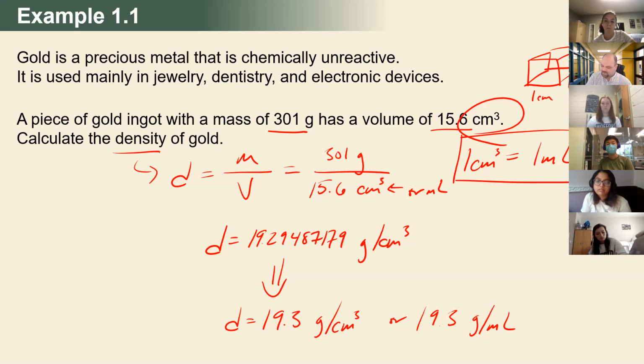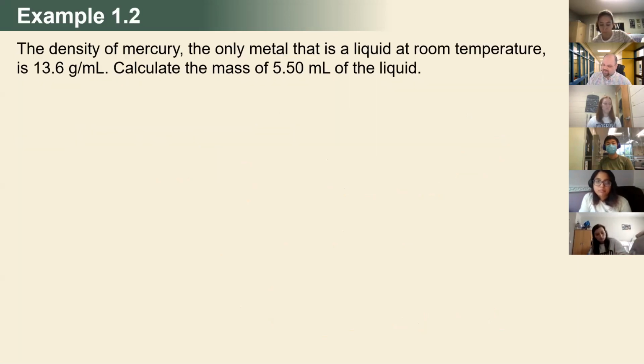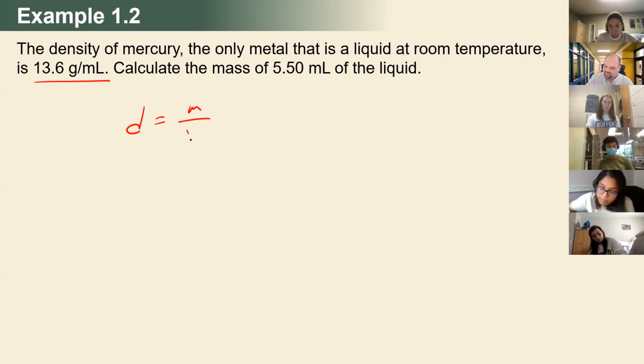Okay, one more practice here. Now we have the density, 13.6 grams per milliliter for mercury, and I want to know the mass of 5.50 milliliters. If I know the density, again, D equals M over V, 13.6 grams per milliliter is equal to some mass over a volume.